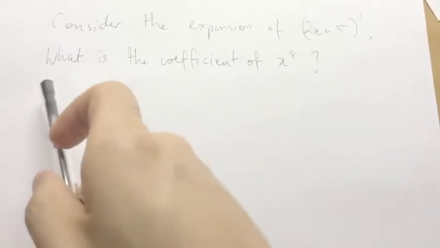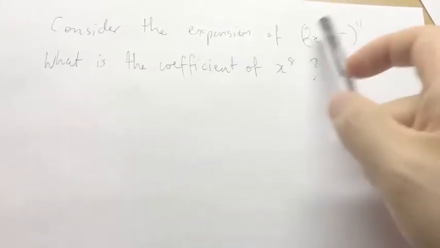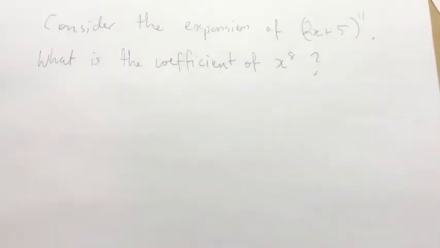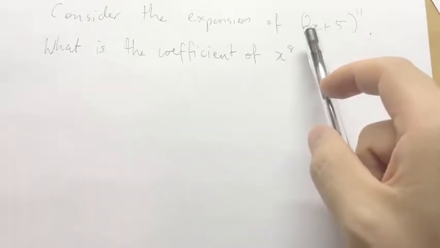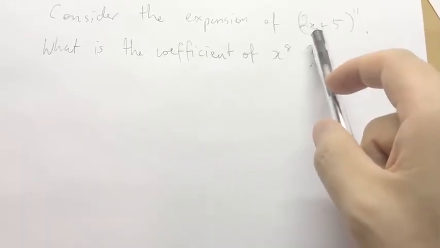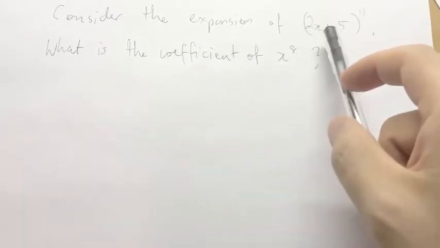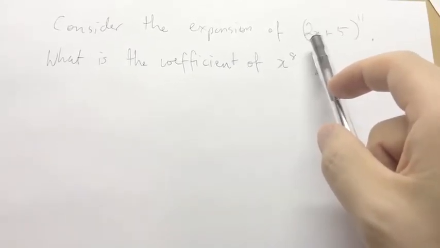And I assume they want to know what the coefficient of x to the power of 8 is of the term that appears in this expansion. So when you expand this out, you're going to get a bunch of terms with different powers of x, all the way from x to the power of 11 down to x to the power of 0, which is just the constant term.